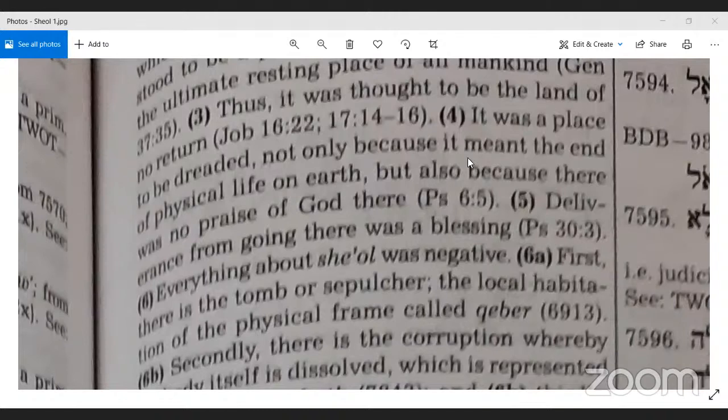So we need to think carefully about this, right? Because it meant the end of physical life on earth, but also because there was no praise of the Most High there. Where? On earth. So there, in that place on earth.